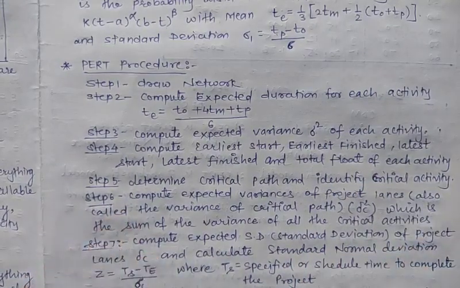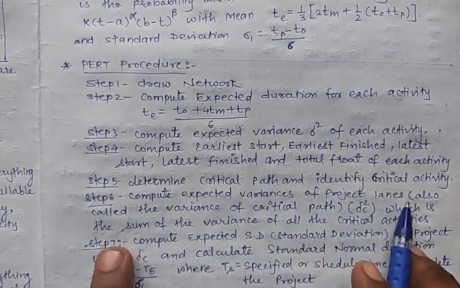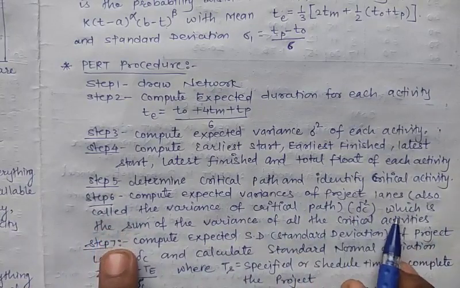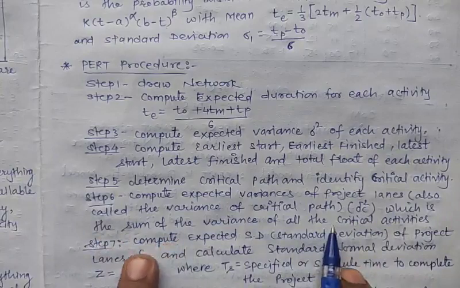The sixth step is to compute the expected variance of the project length, also called the variance of the critical path, which is sigma C square, the sum of the variances of all the critical activities.